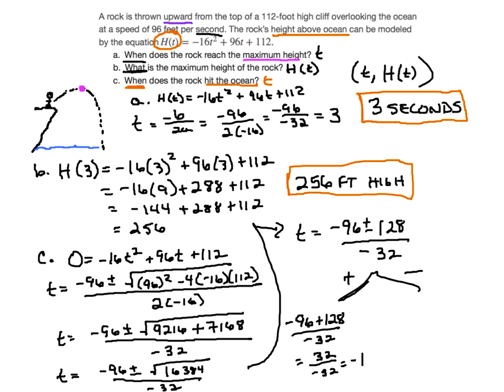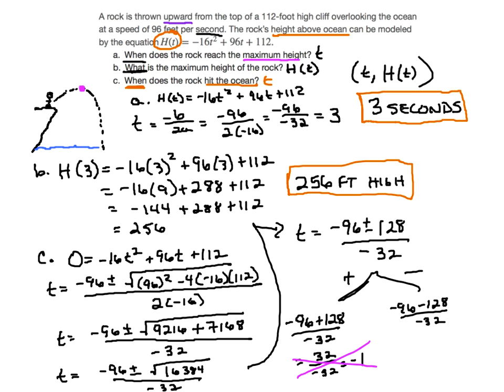We are talking about time here in seconds. So when does this thing hit the ocean? There's no such thing as negative time, so you don't even have to consider this answer. Let's see what the other one gives us, and that will be the time we need. Negative 96 minus 128 is negative 224, over negative 32.